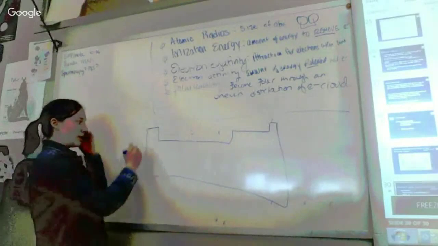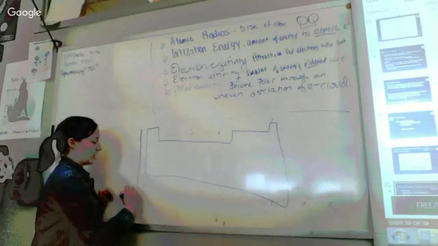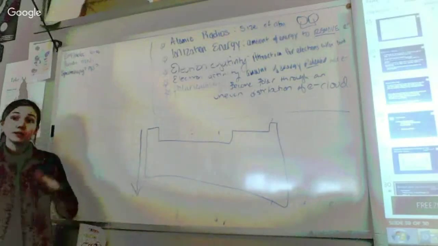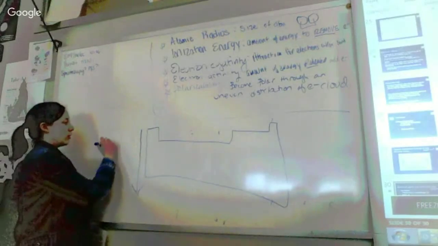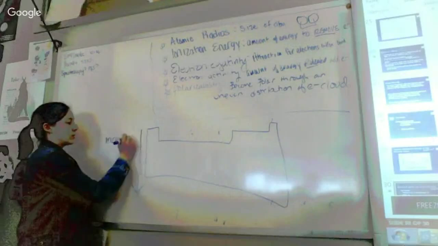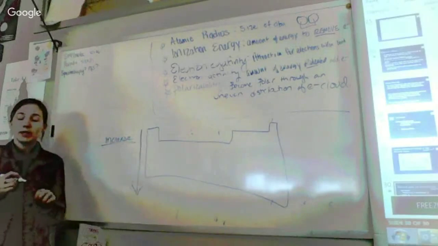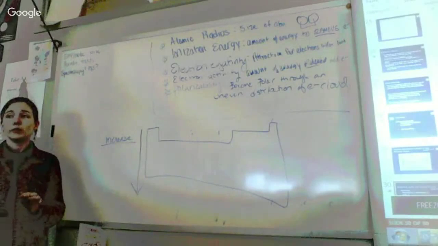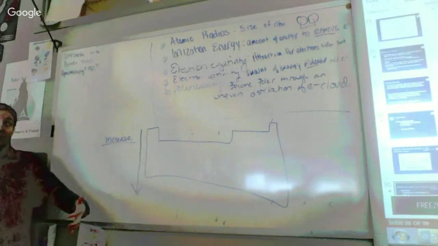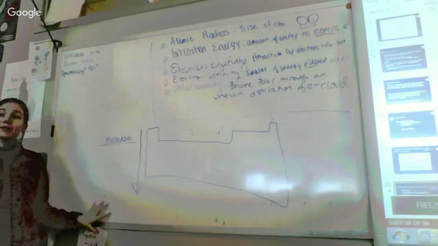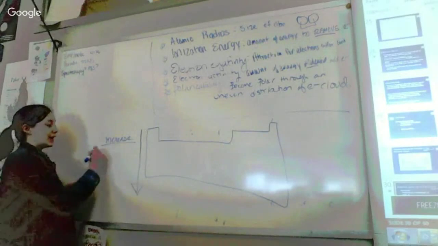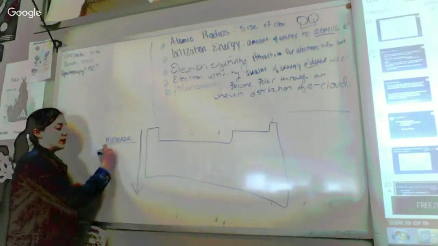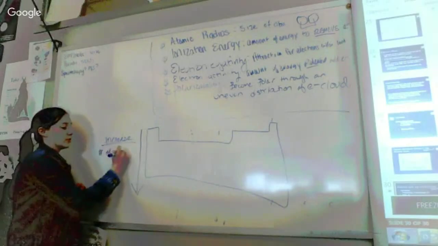So my atomic radius gets the biggest as we move down the table, so this increases. For atomic radius, knowing that doesn't help you at all. Saying that is never going to get you your points. Explaining it is what's going to get your points. The reason that we increase in size is because we increase the number of energy levels.